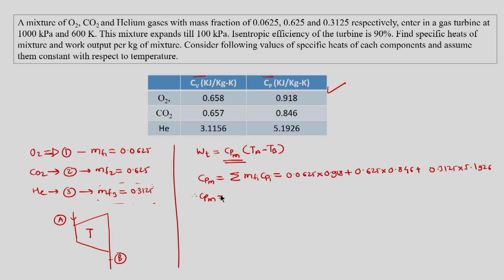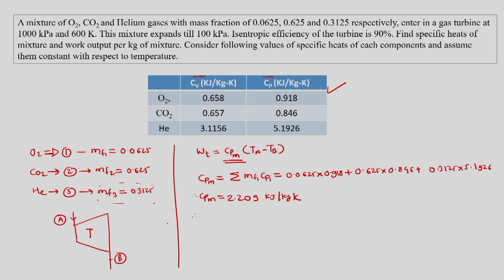So this gives us Cpm, which is the mixture specific heat at constant pressure, as 2.209 kilojoule per kg Kelvin.